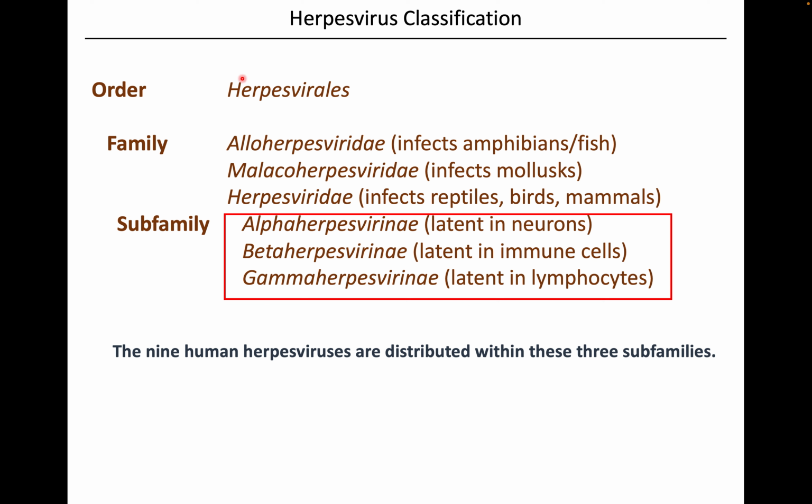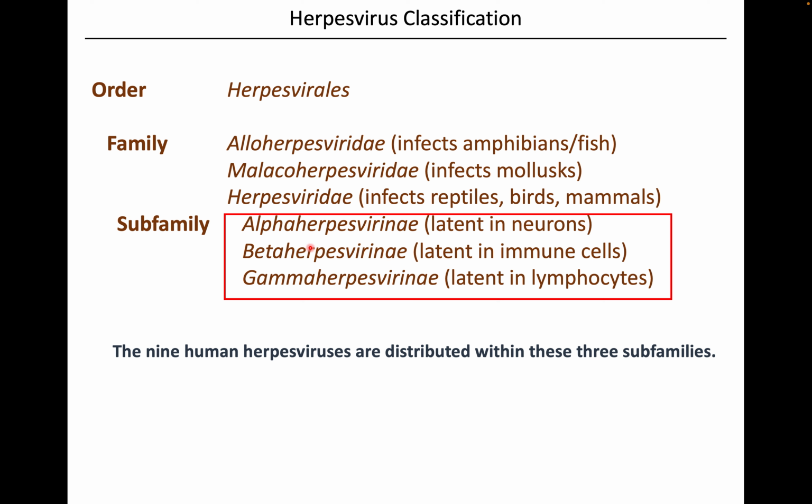So all these herpes viruses are going to be in the order Herpesvirales. There's 3 different families within that order, infecting different types of animals. We're going to be focused exclusively on Herpesviridae here because that's the one that infects mammals.